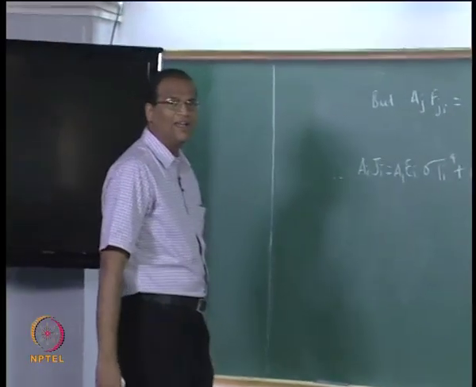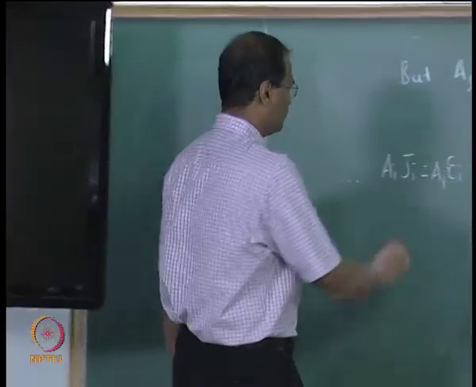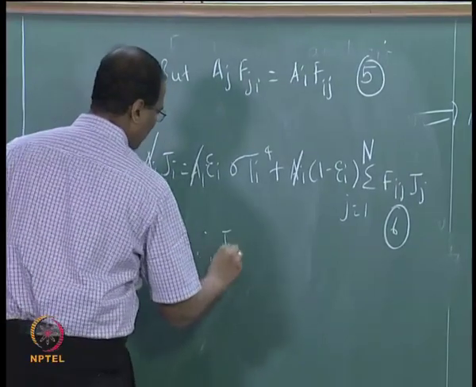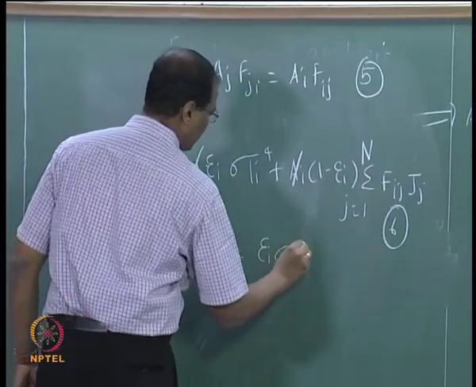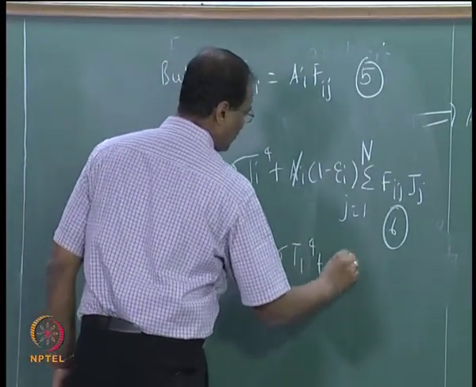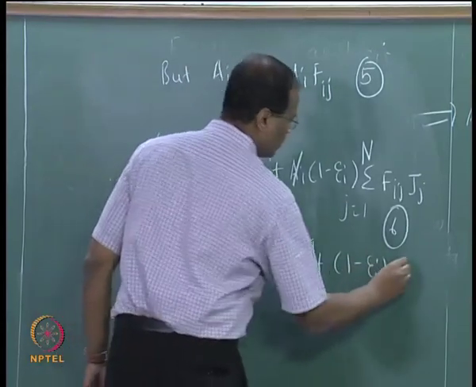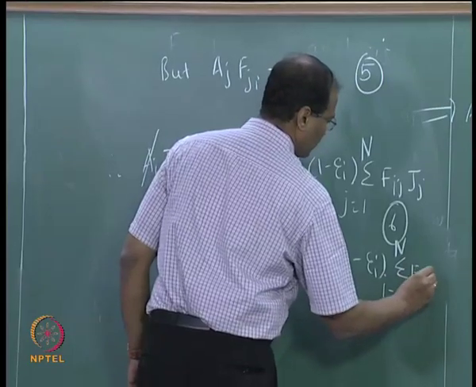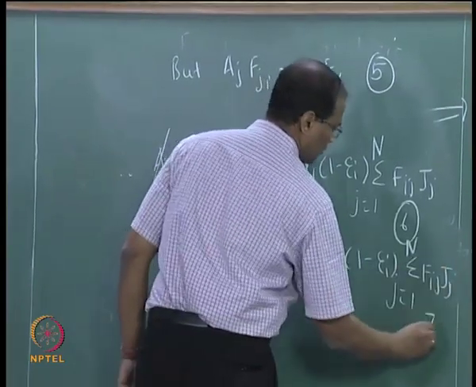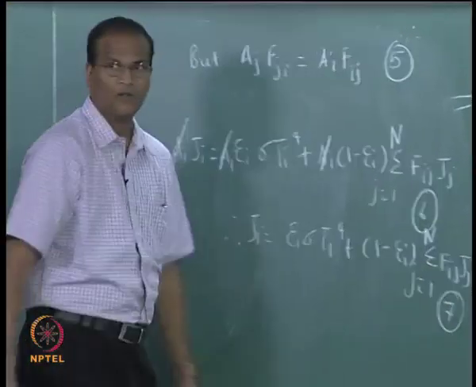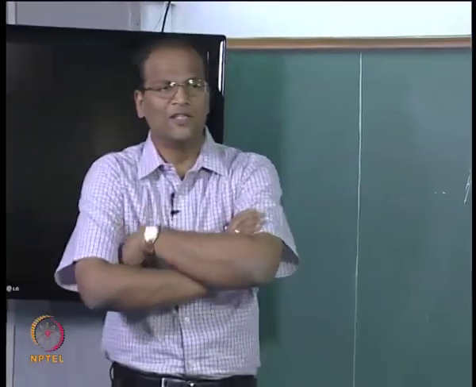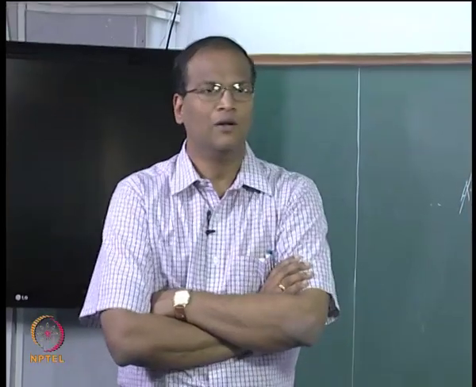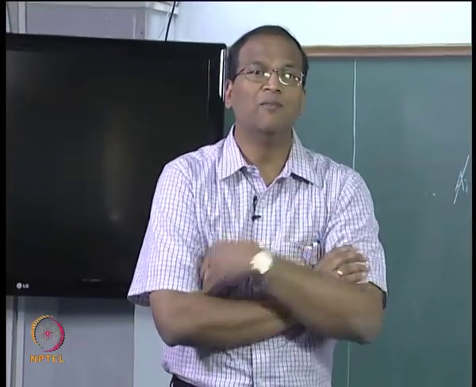Can I cut the Ai throughout? Therefore, the radiosity of the ith surface, Ji, equals epsilon sigma T to the power of 4 plus 1 minus epsilon sigma Fij Jj.